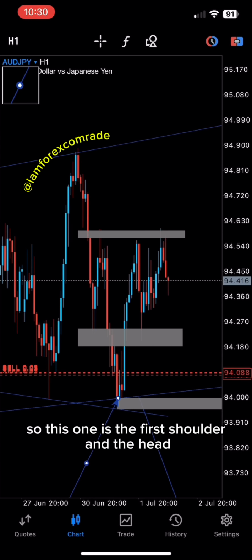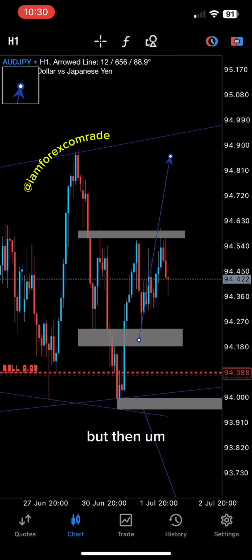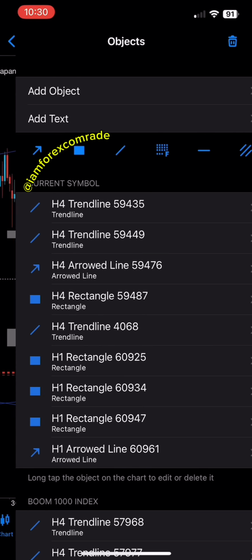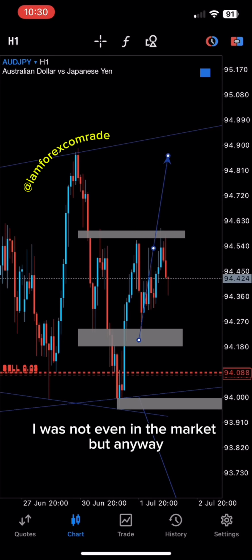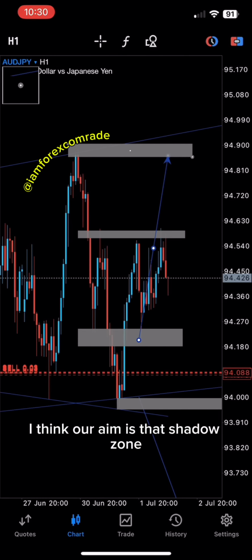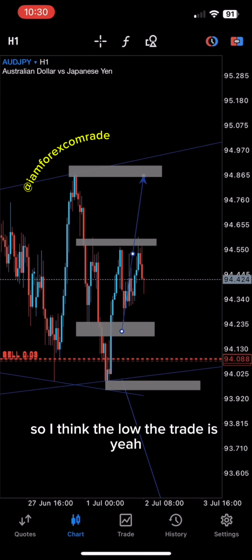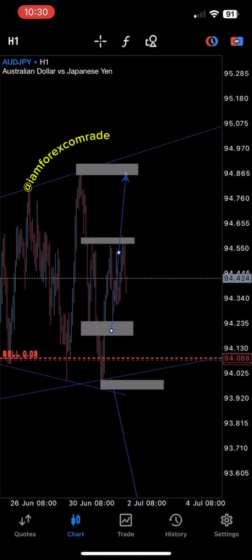This one is the first shoulder, the head, and the right shoulder. So we must buy at this point, but I was not even in the market. Anyway, I think our aim is that shadow zone. So I think the trade is still there.